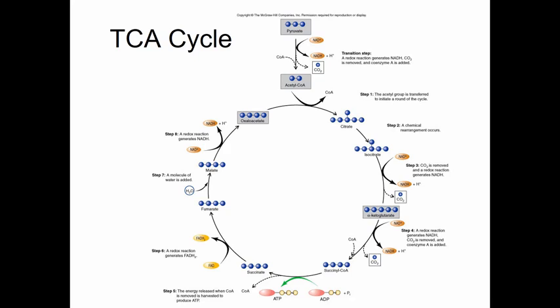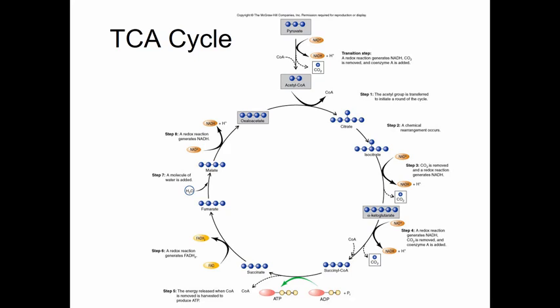The whole point of the TCA cycle is to complete the oxidation of glucose. We are exhausting and breaking apart every part of that original 6-carbon sugar that we started with. This happens through a series of reactions in this cyclical pathway.